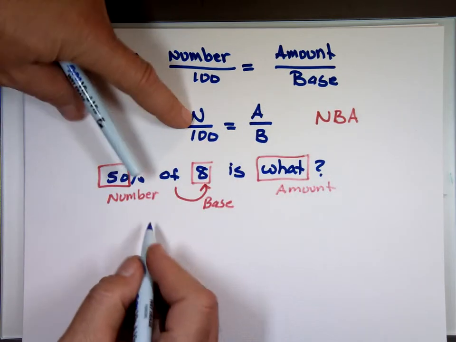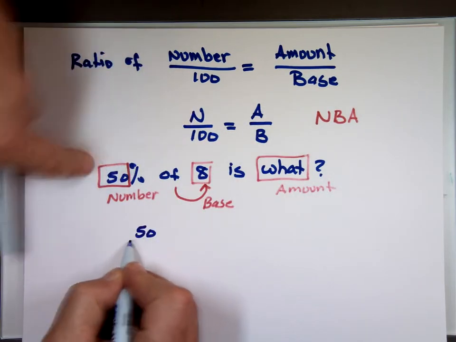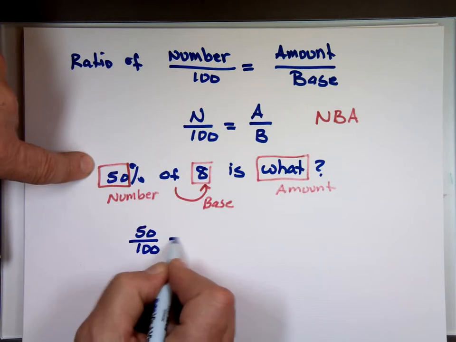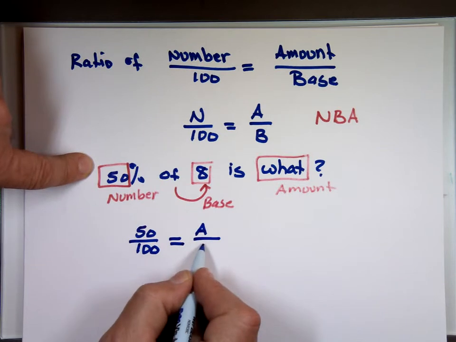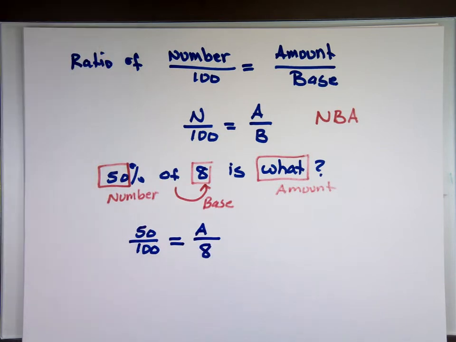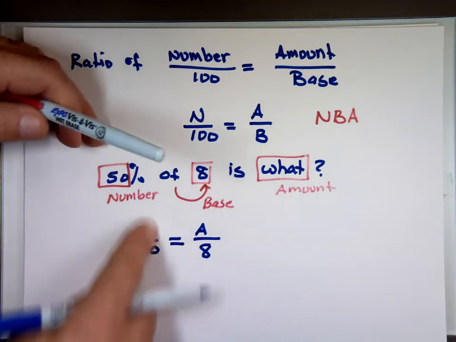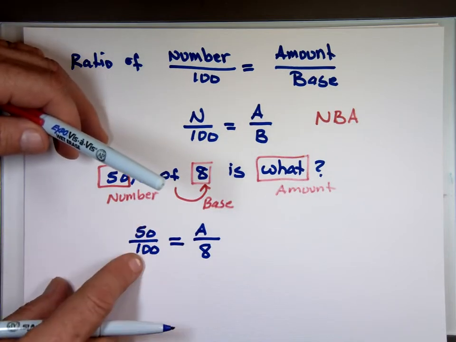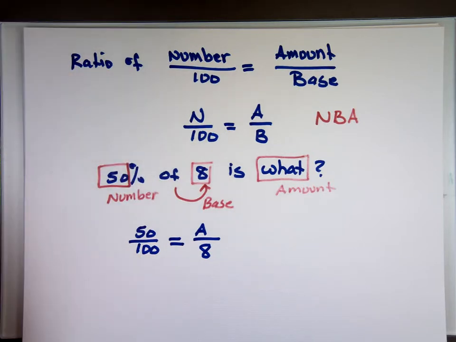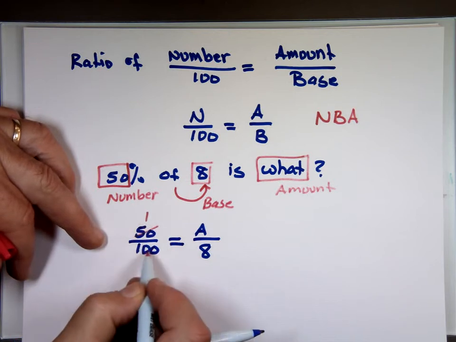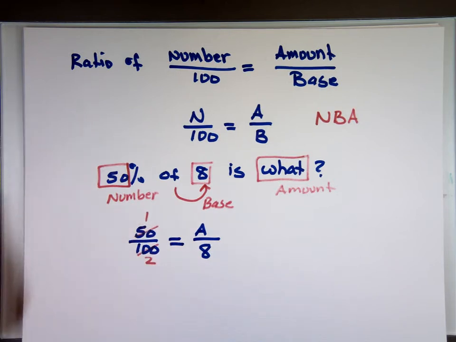So the number is what? 50 to 100 is the same as the amount, which is unknown, to the base, which is what? 8. How do we solve this from chapter 5? Cross multiply. By the way, if you want to simplify this to make life easy on you, the 50 and 100, you can, so you're not multiplying these big numbers. By 50, this is what? 1. Now cross multiply.